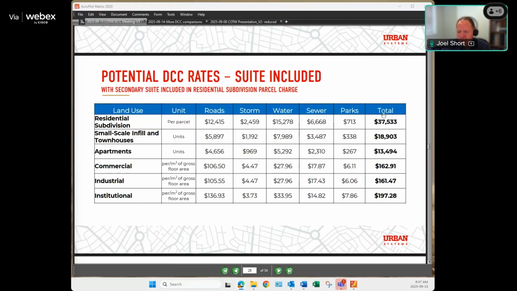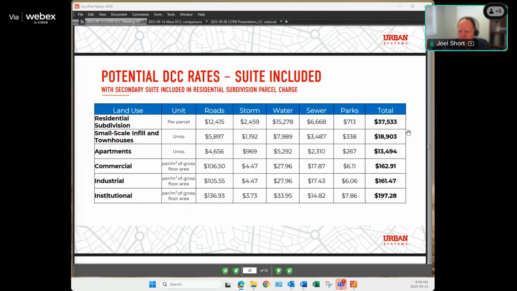But as a result, the DCC itself is significantly higher at 37,500 for a new parcel. That includes both the secondary suite and the increase that has been seen to service a single detached home as well.